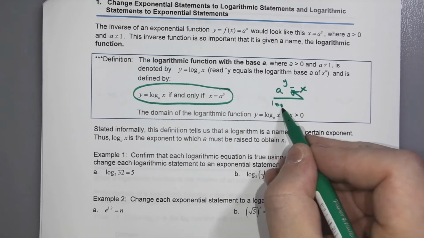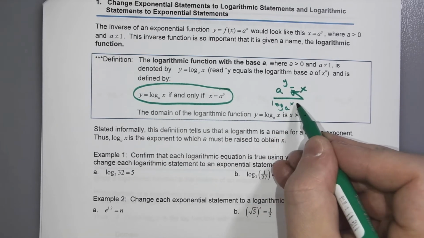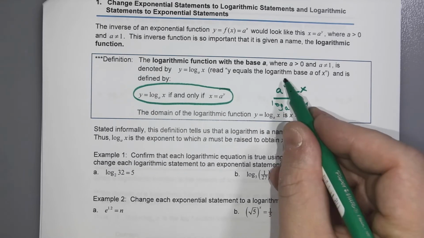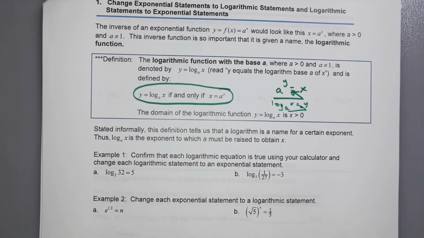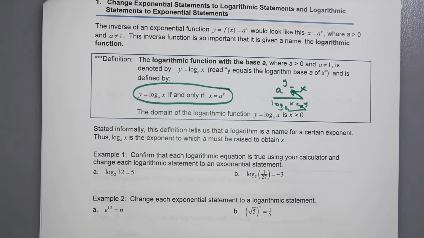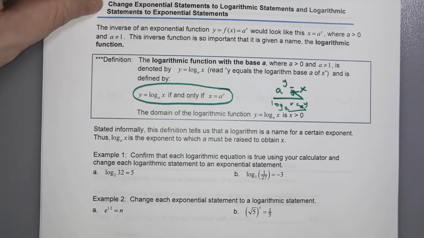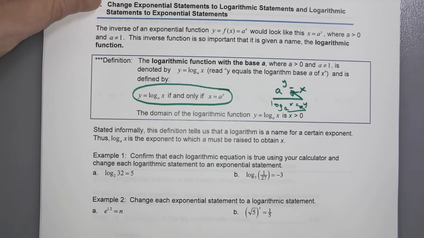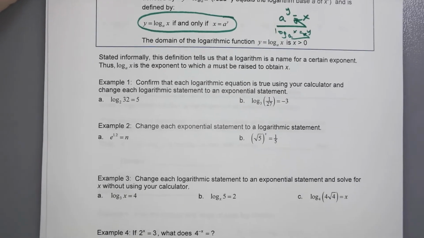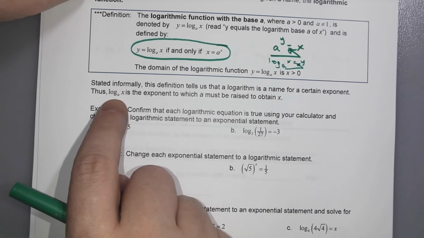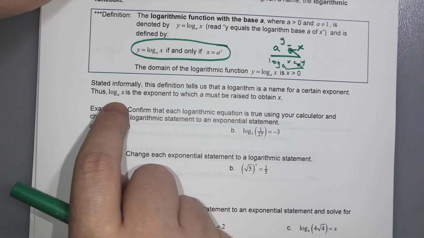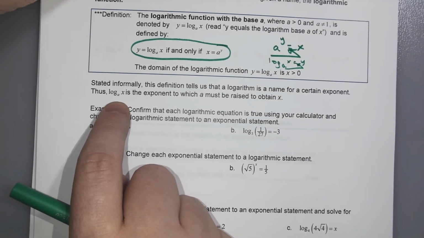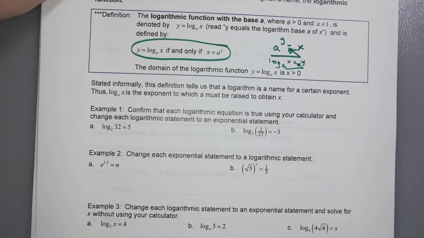Log base a of x equals y is equivalent to a to the y equals x. So recall that unit from earlier. We have it somewhere else in our notes, and we'll practice it much more as we go through class. So what logarithm means is, what power is it that I put on a that gives me the number x?